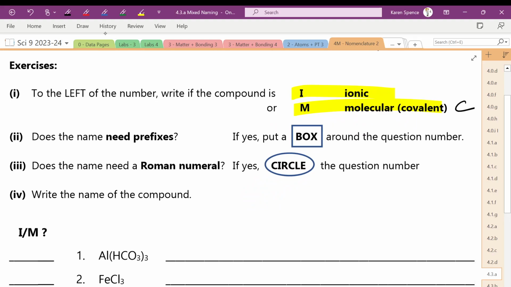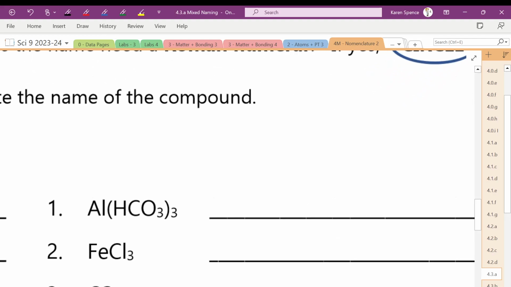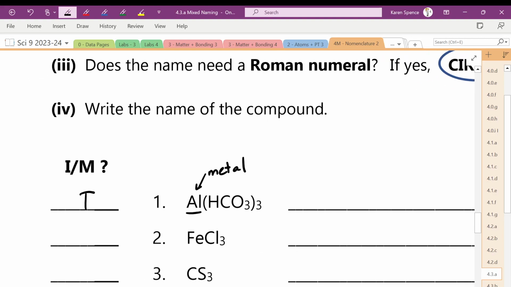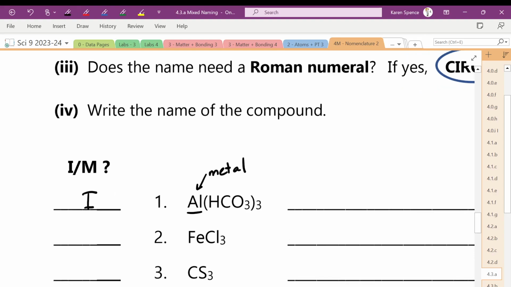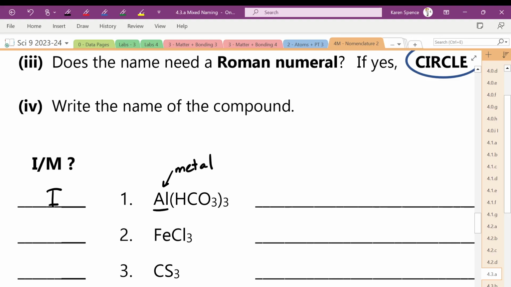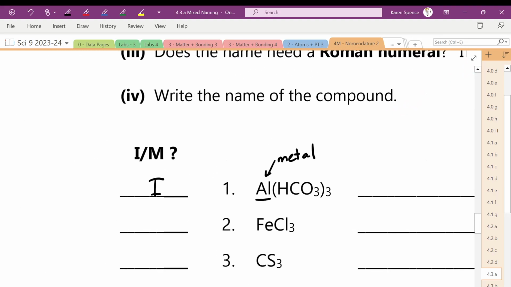Is AlHCO3 ionic or is it covalent, and how do you know? Al is a metal, therefore it is ionic. Does the name need prefixes? No. So we're just going to write over here no prefixes.